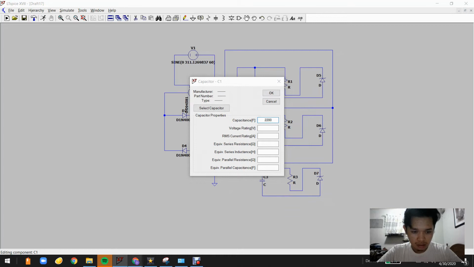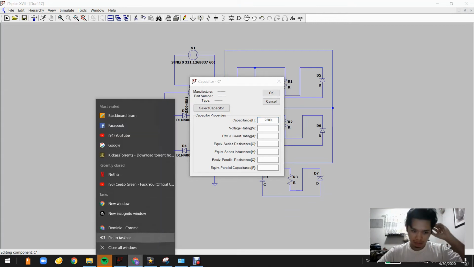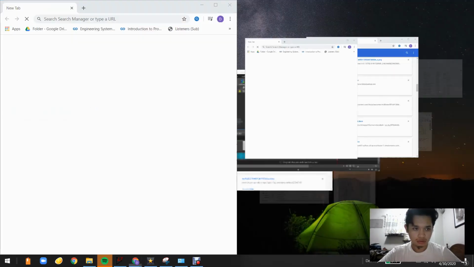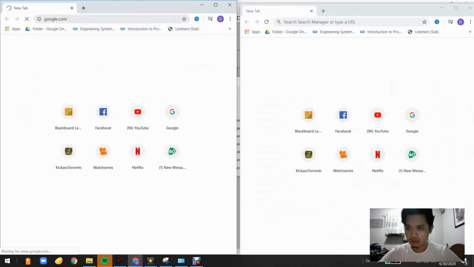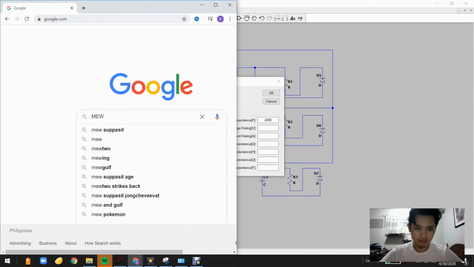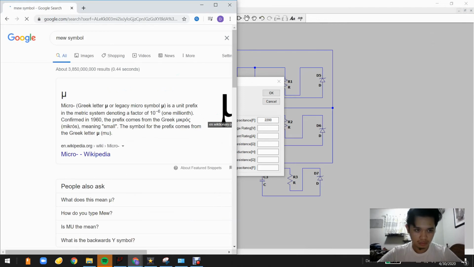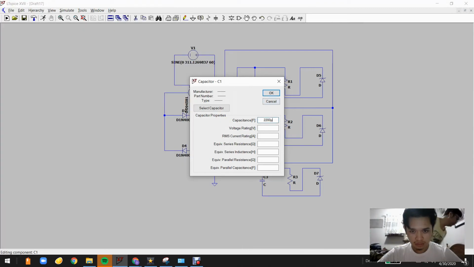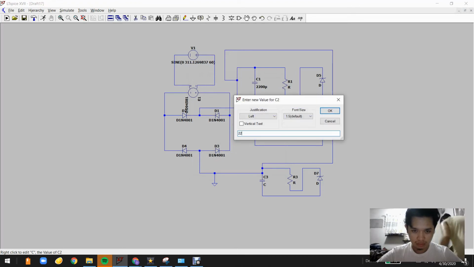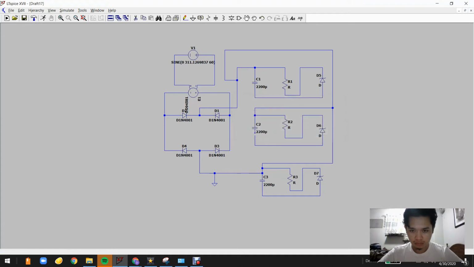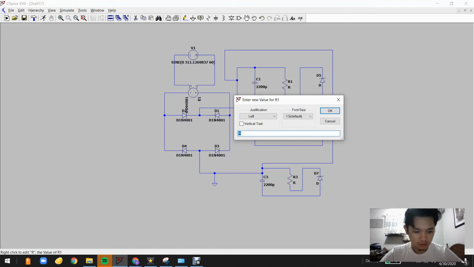So that's gonna be 2,200 nanometers. And as for the resistance, all these resistors are gonna have the same resistance, so that's gonna be 320, 320, and then 320.